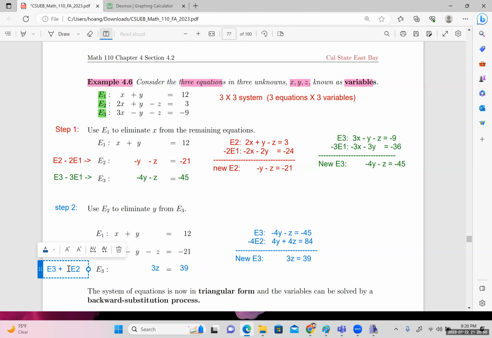And that means I will have negative 4 times E2, right? I'm just going to say minus 4 times E2, better to make it.